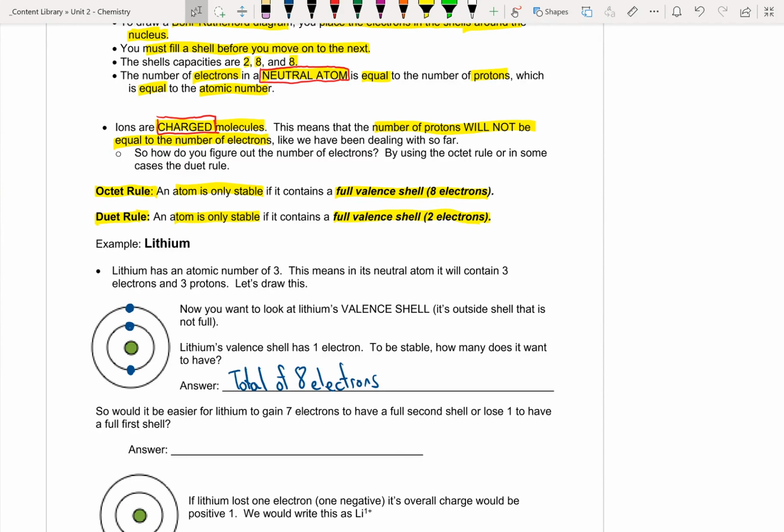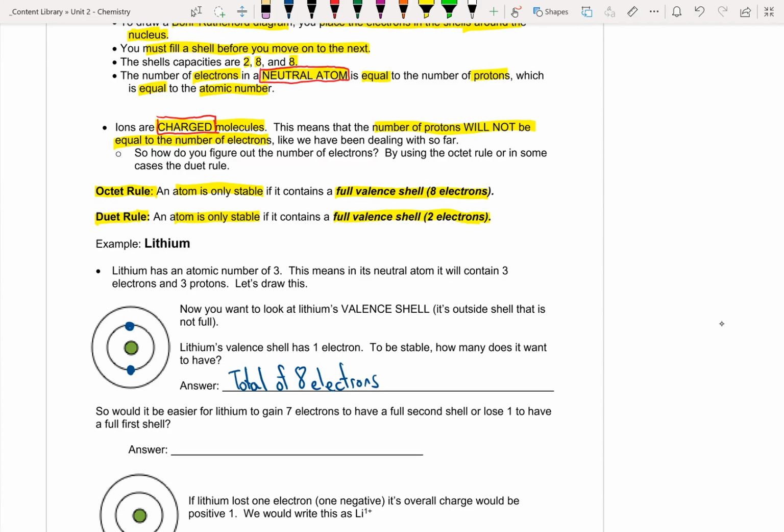in that outer shell in order for it to be stable. So we have to think now, in order for this outer shell to be stable in this lithium atom, is it easier to add 7 electrons to that outer shell, or if I go back to the original, is it easier to just lose that 1 electron?